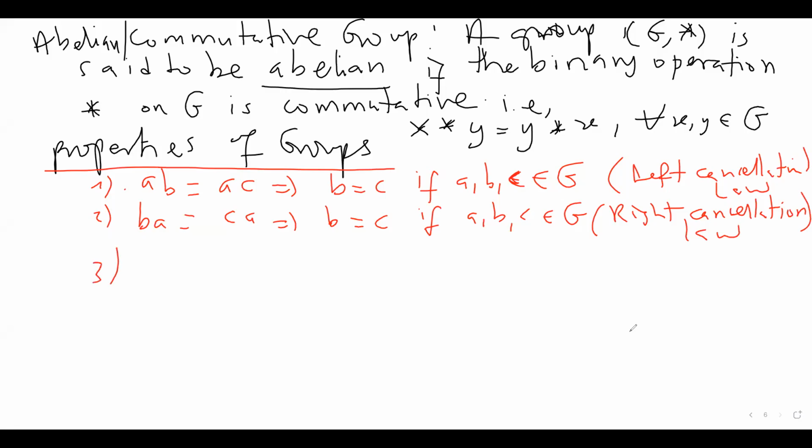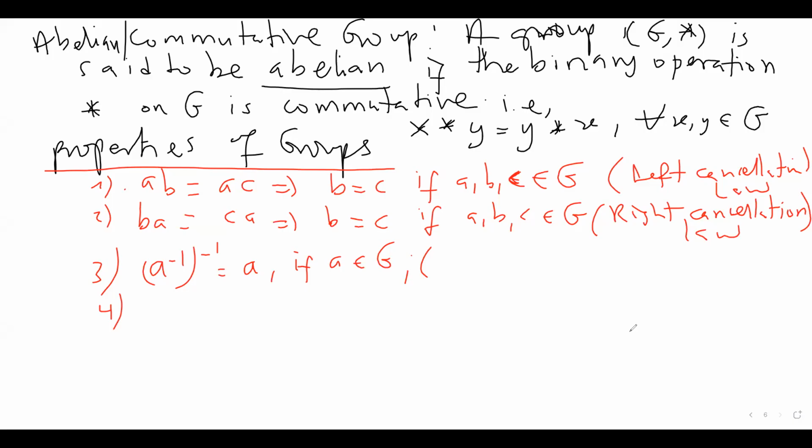The third one is, of course, the inverse. So we say that A inverse is equal to A if A is in G. So this is how we find that the inverse of the element is the element itself.